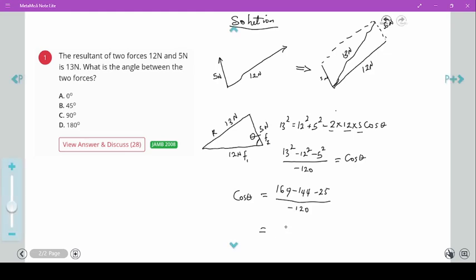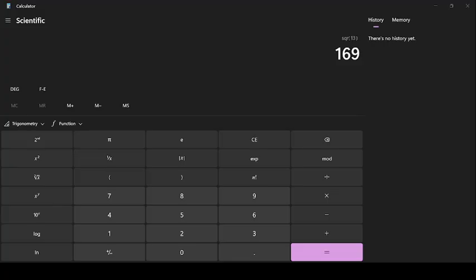Now we have to resolve further what this would be. So let's go back to our calculator. So we'll be having 169. All right, let me clear out first.